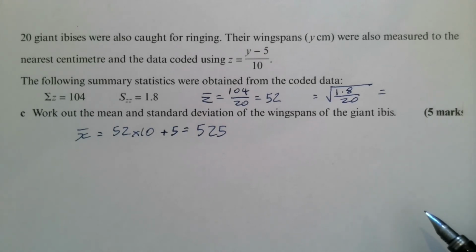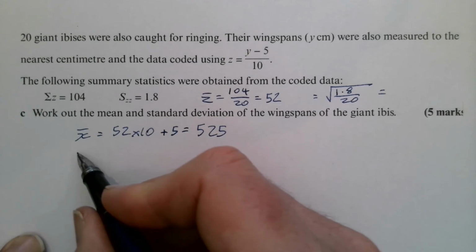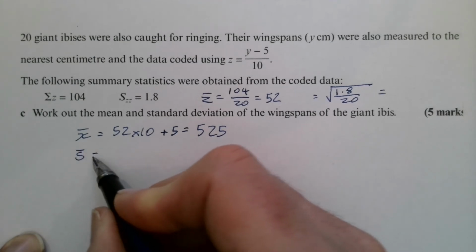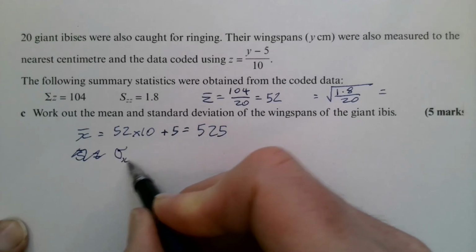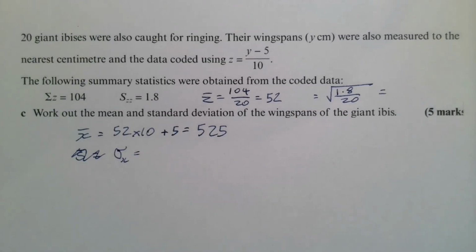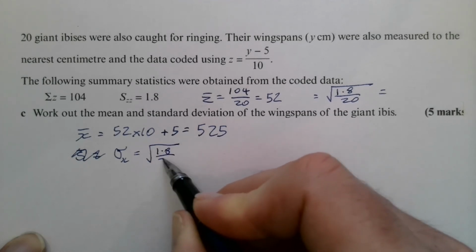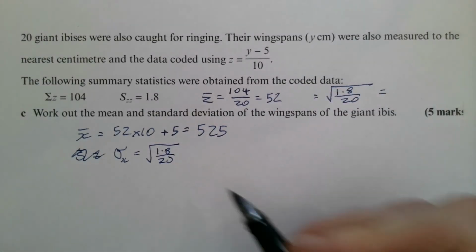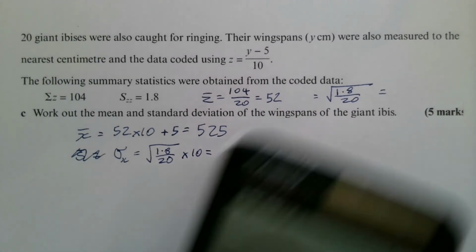So the square root of, and actually I'm not really bothered about what that is. All I need to know is for the coded data, which is standard deviation of x, is going to be that, not divided by 10, because that's made it less spread out. We need to spread it out some more by timesing that by 10.